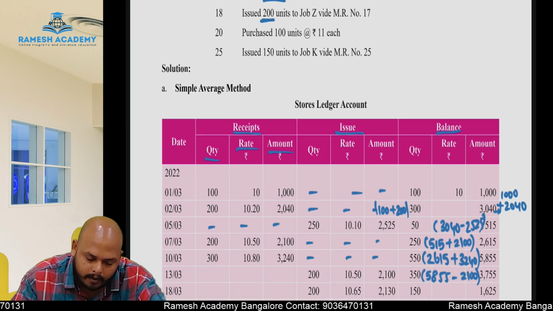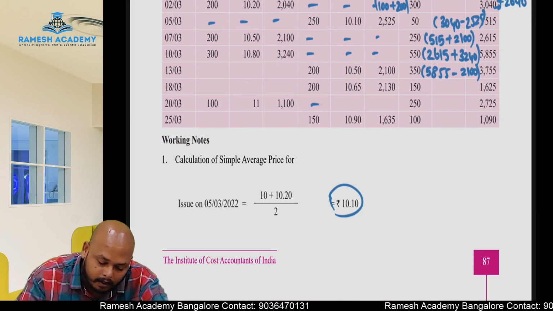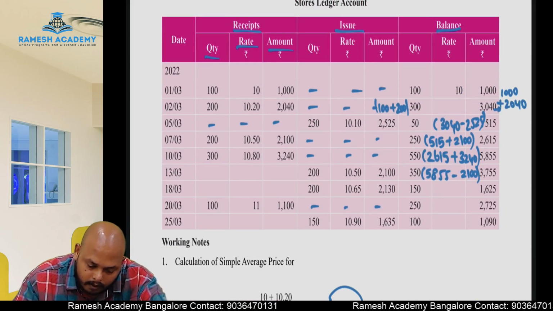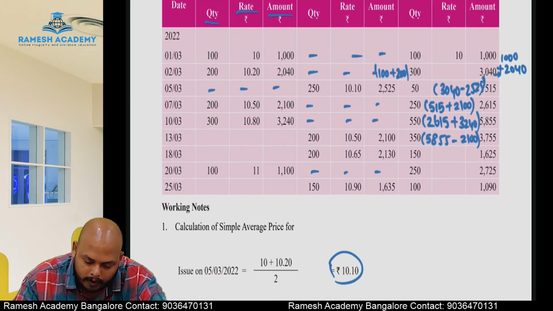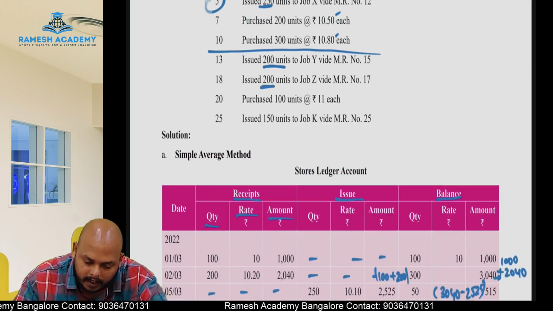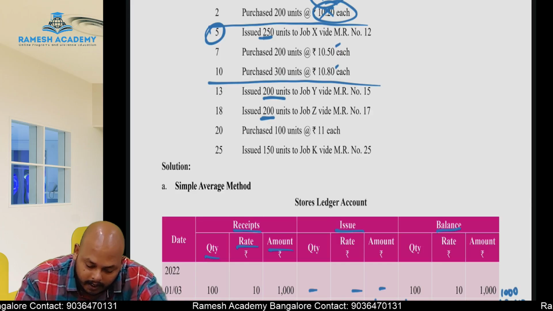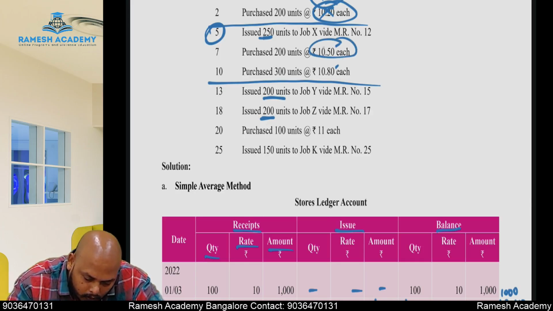Again purchased how many units? 100 units at 11. Same, 100 into 11, 1100. Add and write it. That's all. Next, issued 150 units to job K on 25th. So for job K, what is the price which is left over? For this 200 units, this price is also gone.